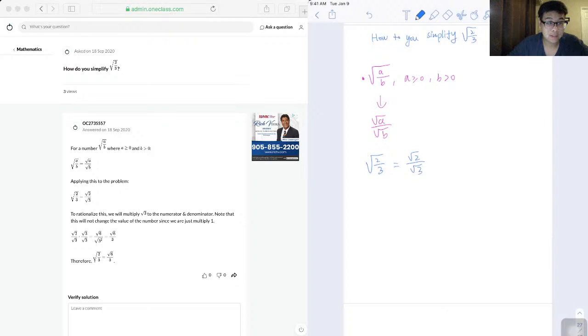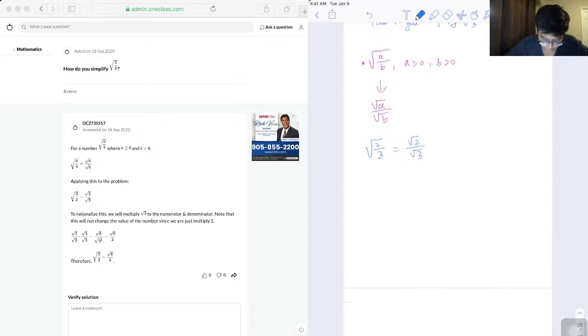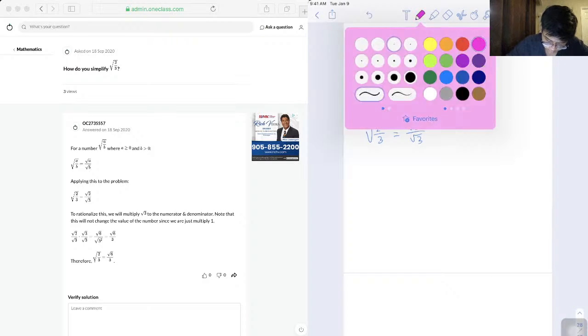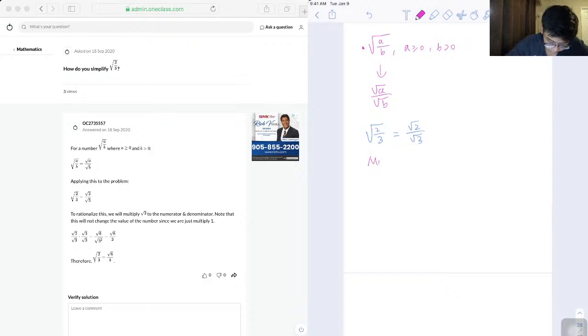And to rationalize this, we will need to multiply root 3 to the numerator and denominator. Multiply root 3 to both the numerator and denominator.